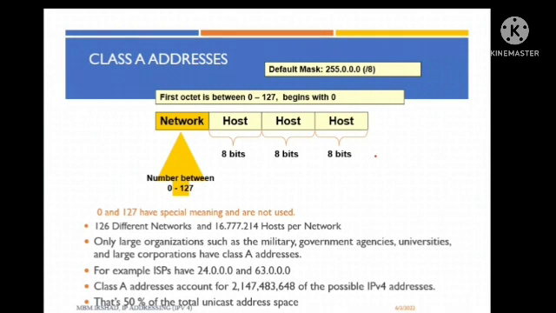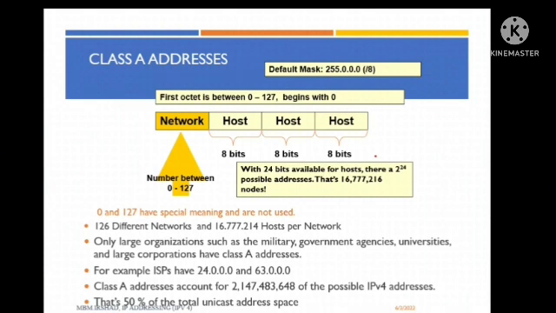Class A addresses account for around 2.1 billion possible IPv4 addresses. That means 50% of the total unicast addresses. Unicast basically means one-to-one, right? We already studied unicast and multicast.